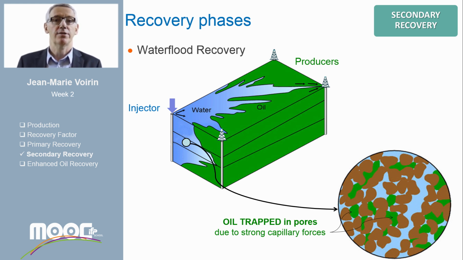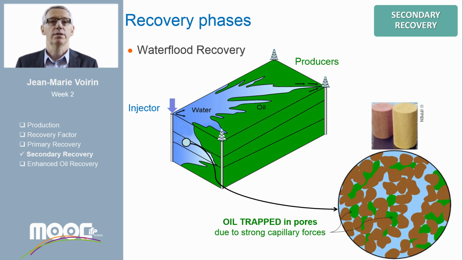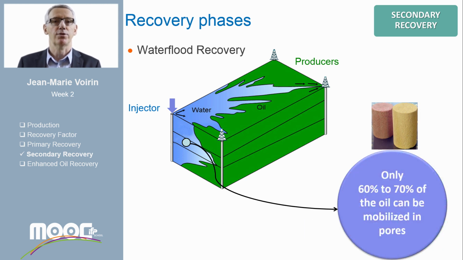Trapped oil is measured in the lab on rock core samples. This has a significant degree of uncertainty as the sampling is limited and the reservoir rocks heterogeneous. On average, only 60% to 70% of the oil can be mobilized and displaced. The remaining 30 to 40% is definitively lost for water flood recovery.